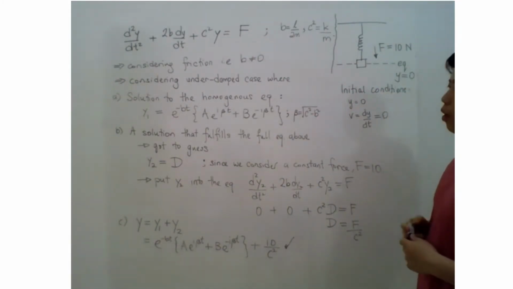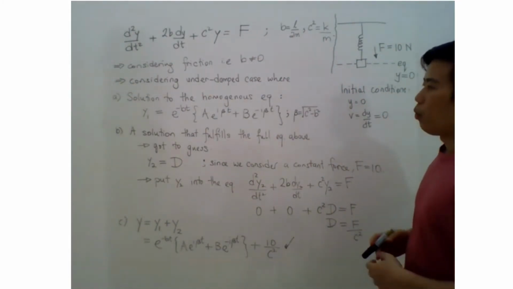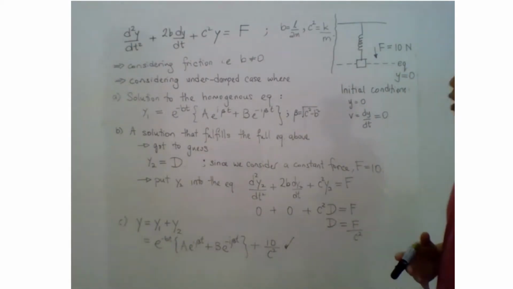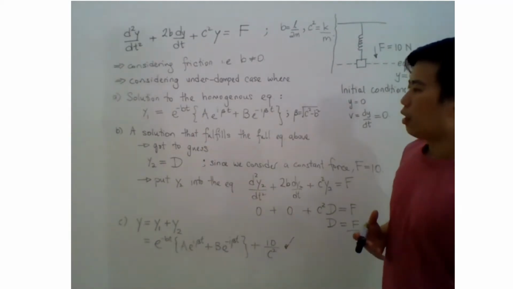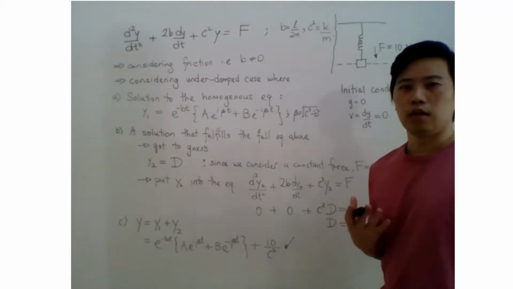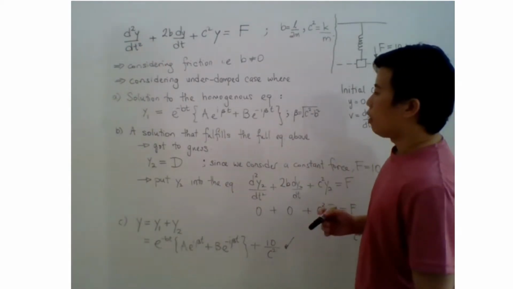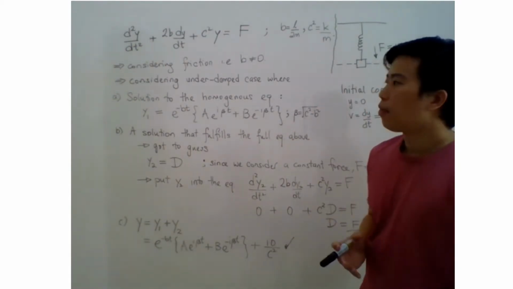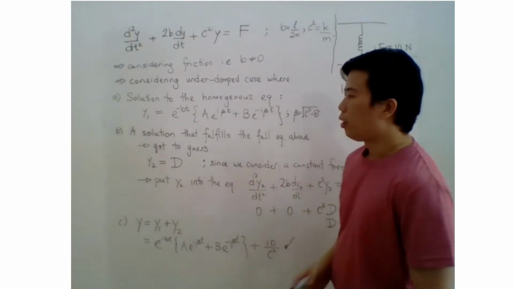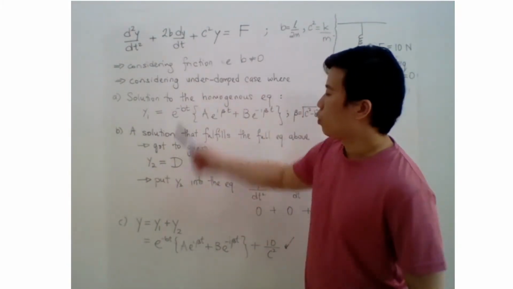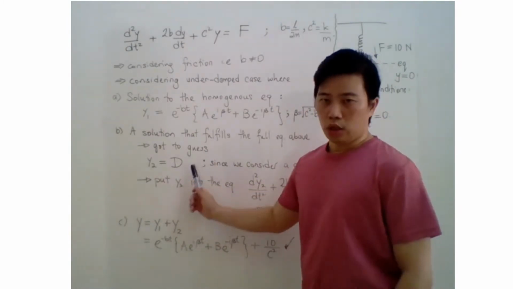What we need to do is we have to be smart in guessing, and the guess depends on the kind of force that you are applying to the system, right? So if you assume F to be a constant, then you will try y, the solution for this equation, to be a constant as well.